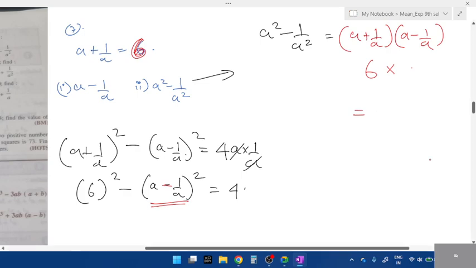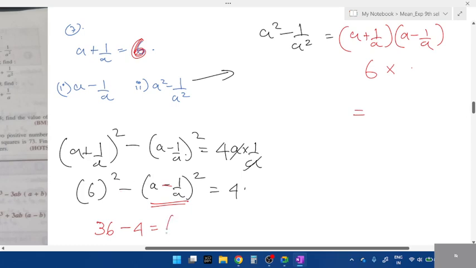Okay, tell me the answer for this. How did you solve? Next step, next step. Put minus 4.